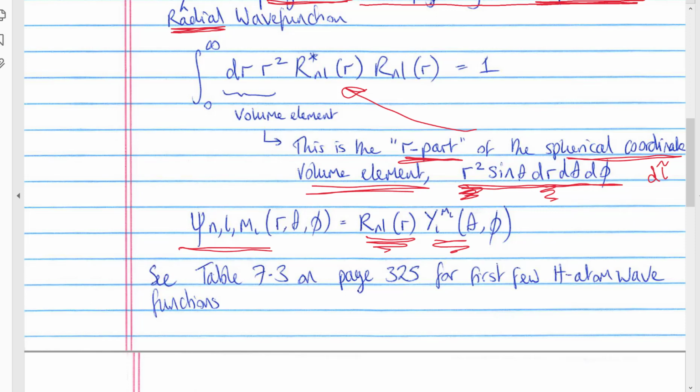If we go to our textbook, Macquarie, we find that table 7.3, that's on page 325, provides us the first few hydrogen atom wave functions. So that incorporates the whole thing in here, and we'll see them in that table 7.3.